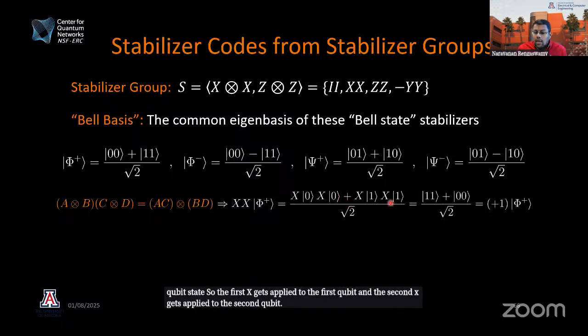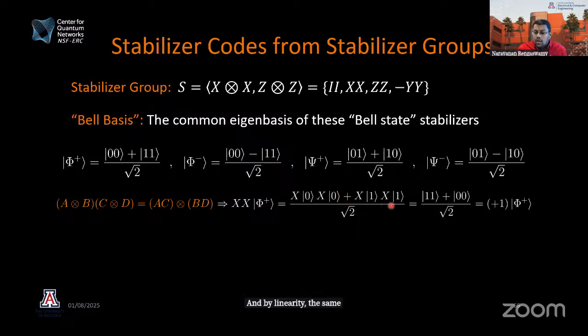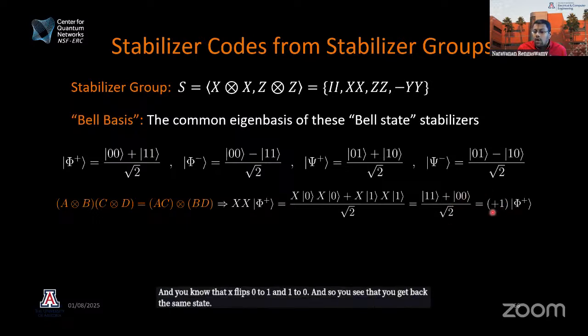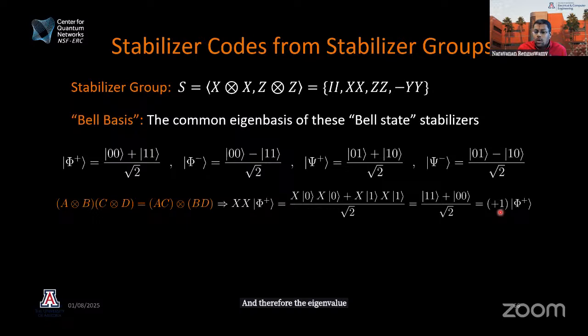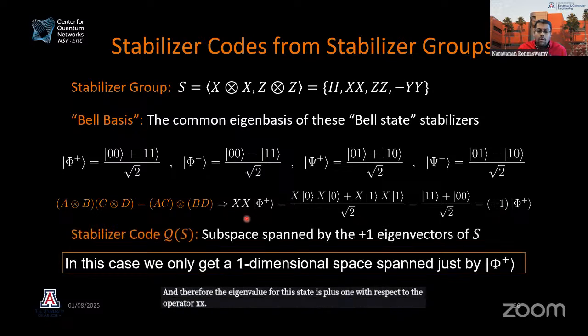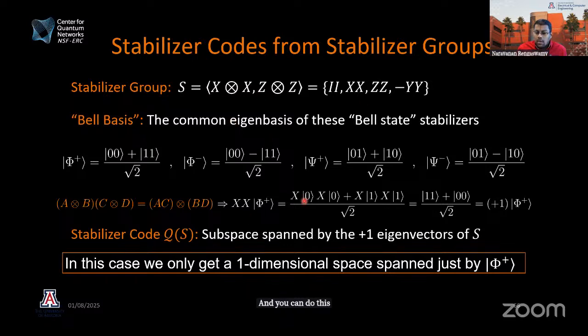And by linearity, the same thing happens with the second term. And you know that X flips 0 to 1 and 1 to 0. And so you see that you get back the same state. And therefore, the eigenvalue for this state is +1 with respect to the operator XX. And you can do this for all the other operators and all the other states.